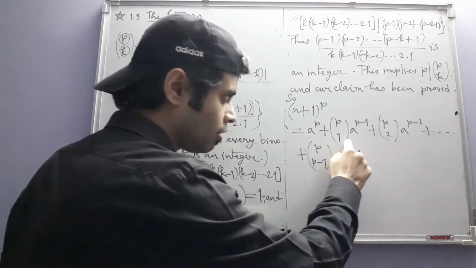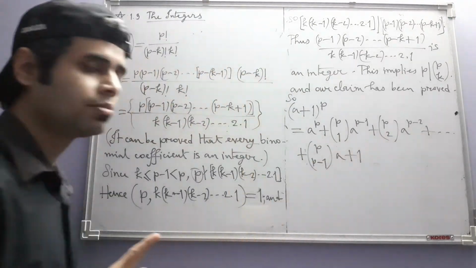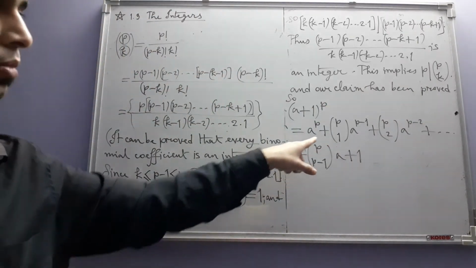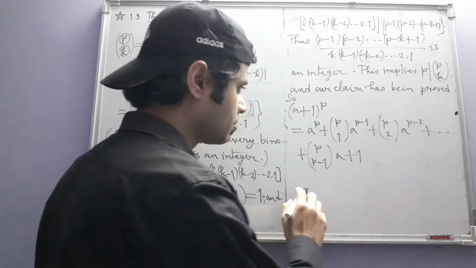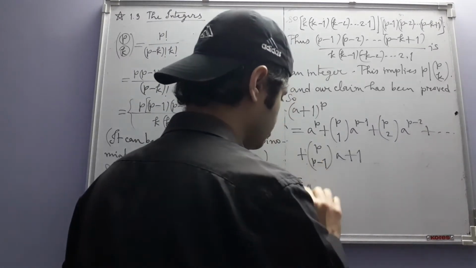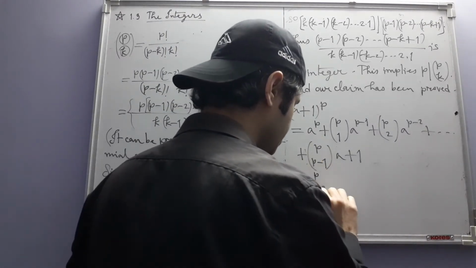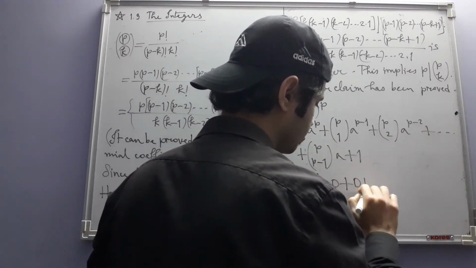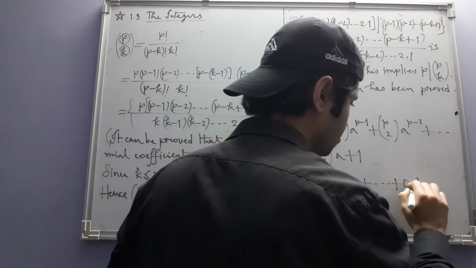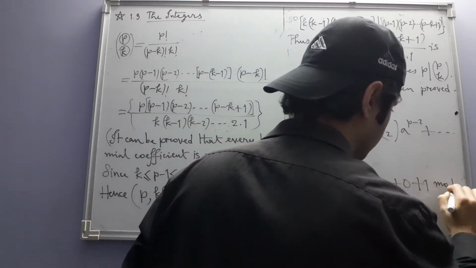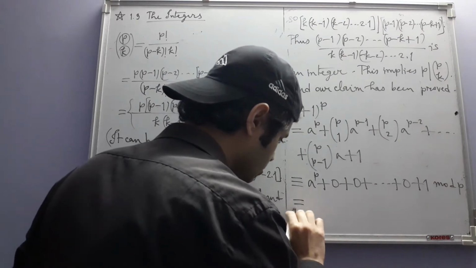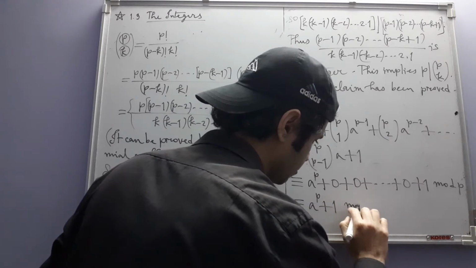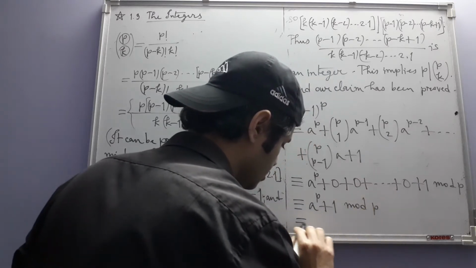Okay, now all these terms are divisible by p because the binomial coefficients in them are divisible by p. So this is congruent to a to the power p, plus these terms will become 0, plus 1 modulo p. So this is nothing but a to the power p plus 1 mod p, which is congruent to.